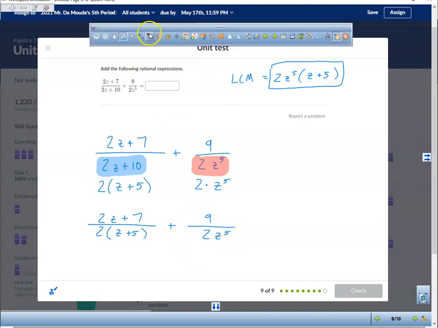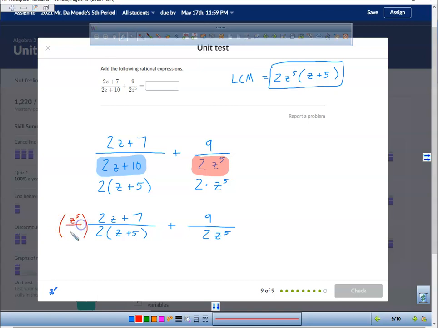It needs it. So what we're going to do is put a parentheses right here, and we're going to multiply this by z to the power of 5 over z to the power of 5, because this denominator needs the z to the power of 5.